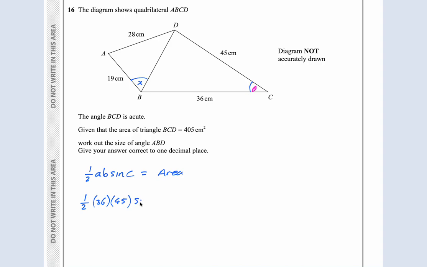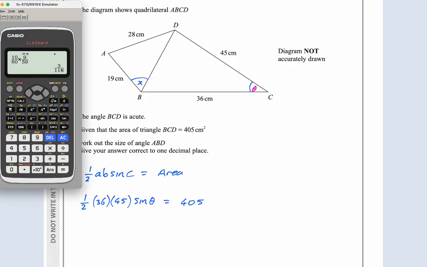And then it's sine of theta. So it's a half this times this times the sine of the angle between them. And this is equal to the area, and we've been given the area, it's 405.